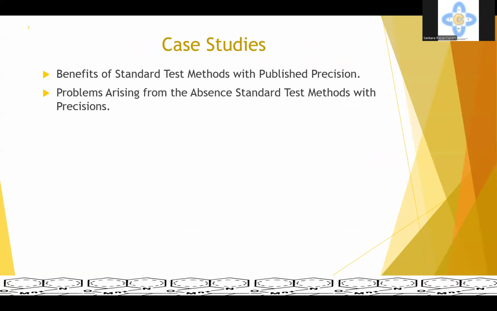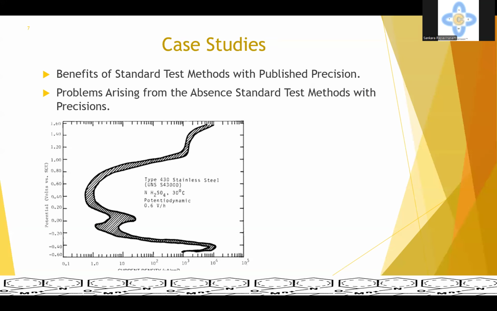With that, let me share with you some 7 case studies under 2 categories: how people benefit from standard test methods with published precision, and how things did not go well in the absence of standard test methods with known precisions. For all these case studies, I'm going to use 2 examples from ASTM.